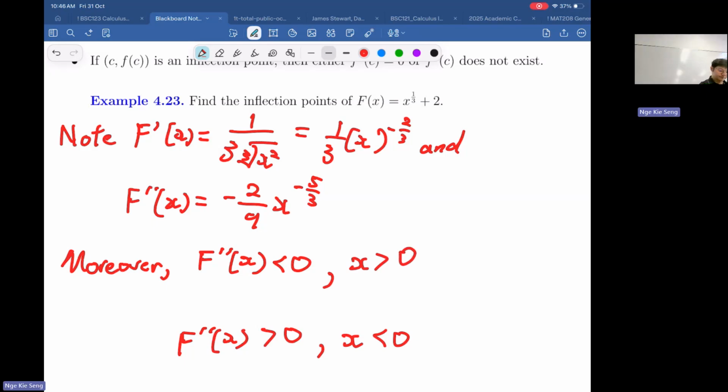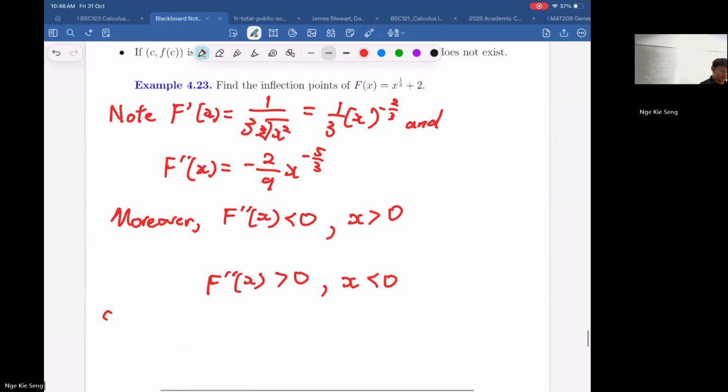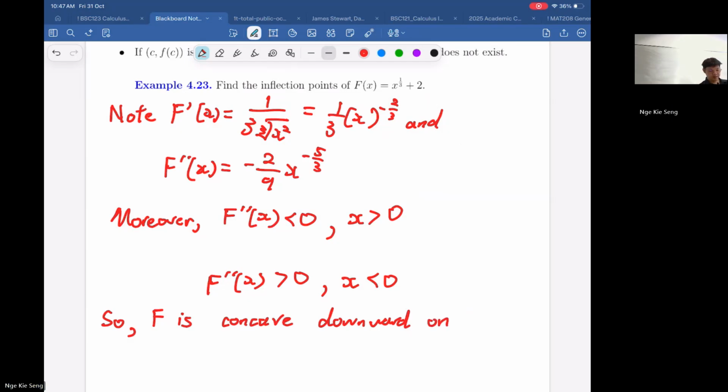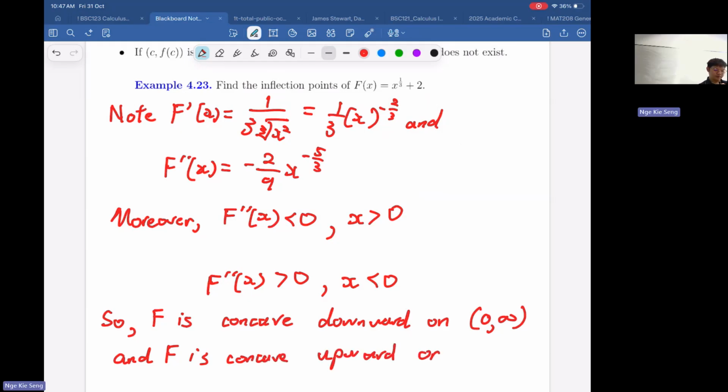So meaning f is concave downward on 0 to infinity, and f is concave upward on negative infinity to 0.